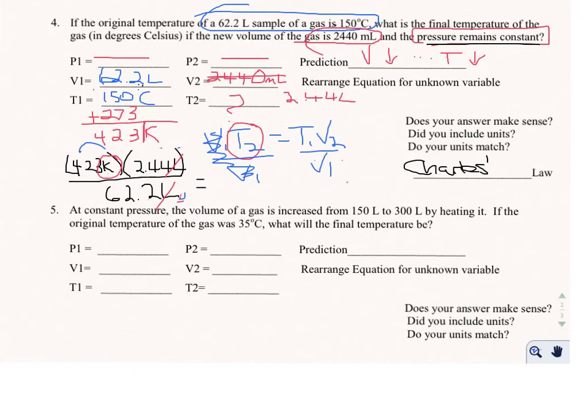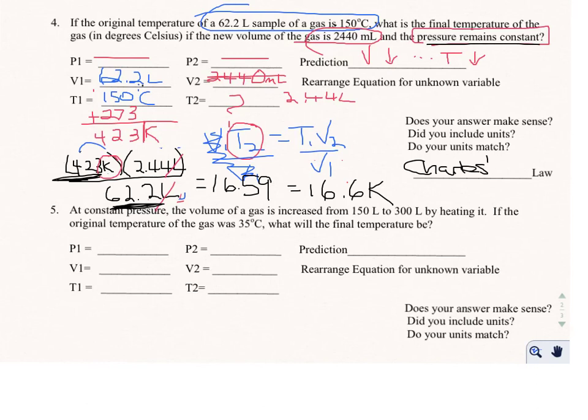When you multiply this out, the answer is 16.59. But since the fewest number of sig figs in my work is 3, I will round that to 16.6 Kelvin.